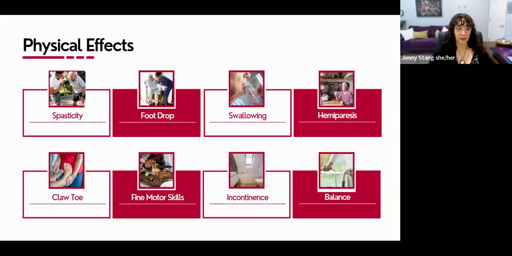Stroke may also affect many upper extremity functions. So motor control, one's perception of where their body is in space, known as proprioception, decreased sensation, shoulder weakness, weakness in the wrist and hand, okay?